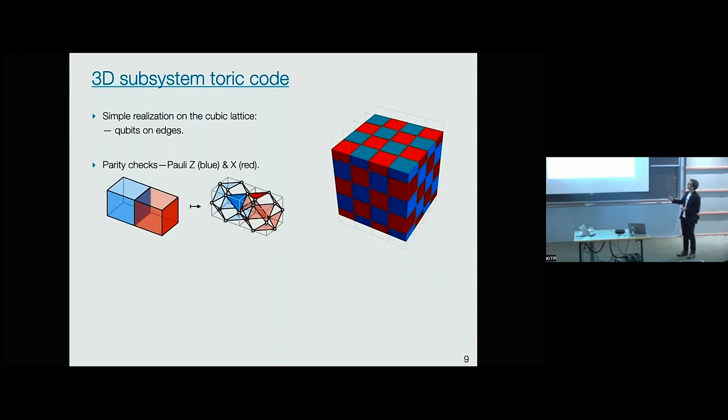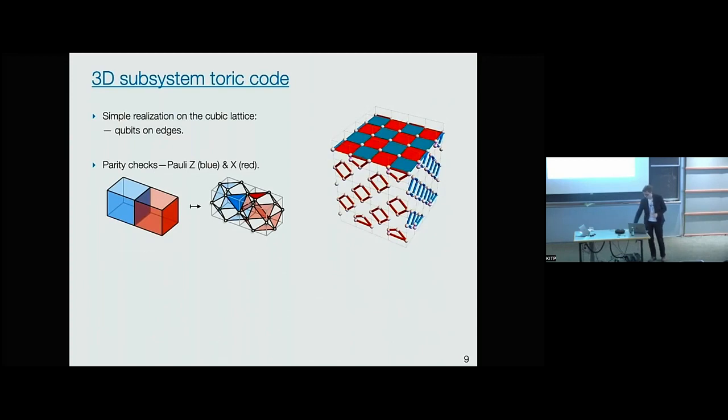And for every red cube, I will be measuring 8 weight-3 X-type checks, as depicted here. So this is what the bulk of the model looks like. Along the boundary, we have to make some adjustments and measure the operators that I depicted here. But this is not essential.